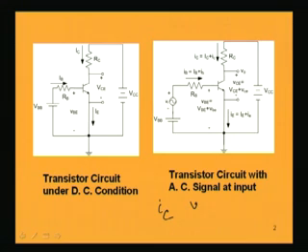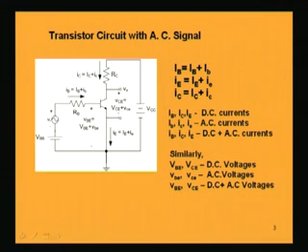Similarly, small v capital CE, with CE capital and v small, means that it is the instantaneous voltage, which is a combination of DC as well as AC.